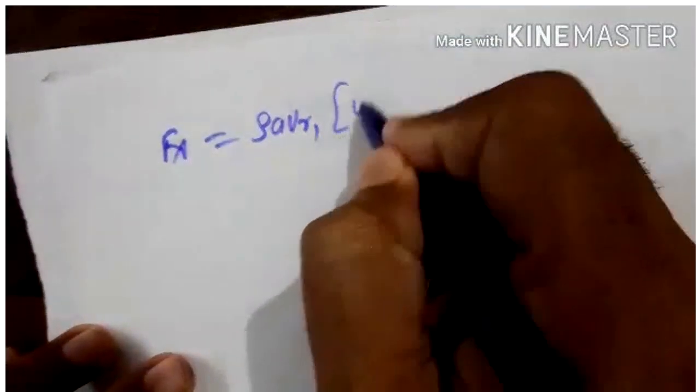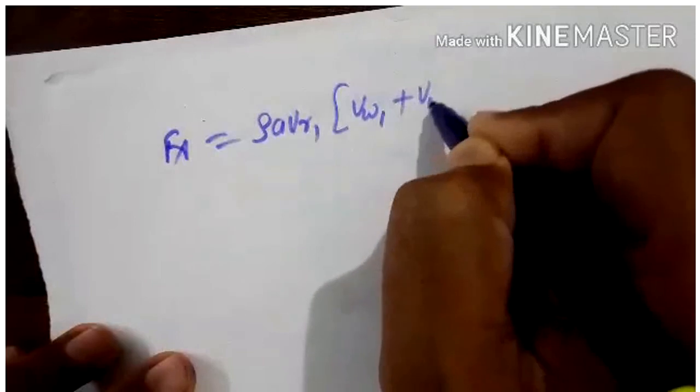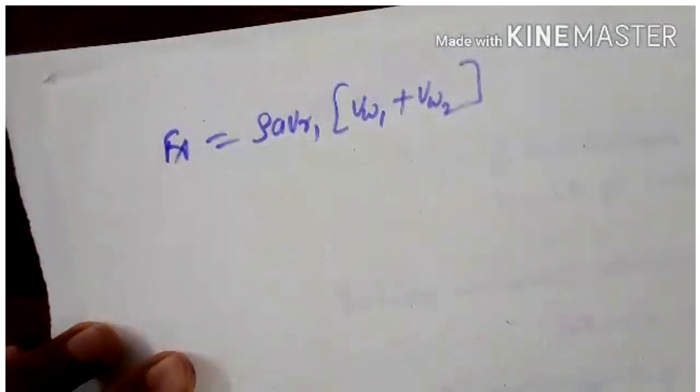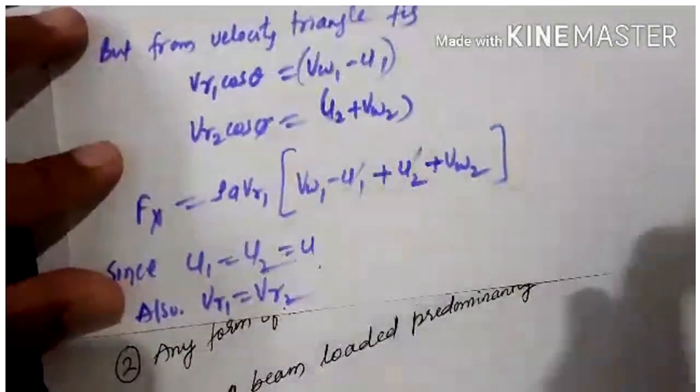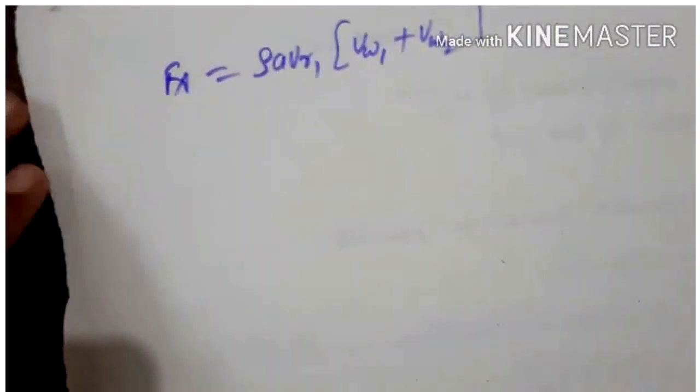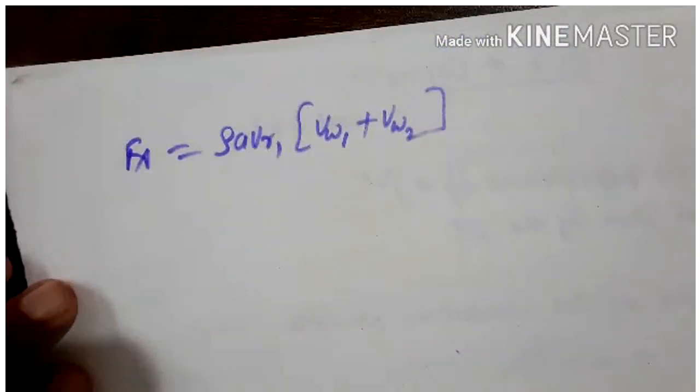When you substitute in the above equation, we get Fx equal to rho A VR1 into bracket VW1 plus VW2. Here both terms get cancelled when you assume U1 equal to U2. So you get rho A VR1 (VW1 plus VW2).